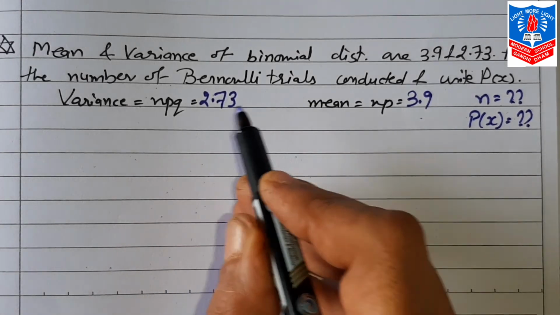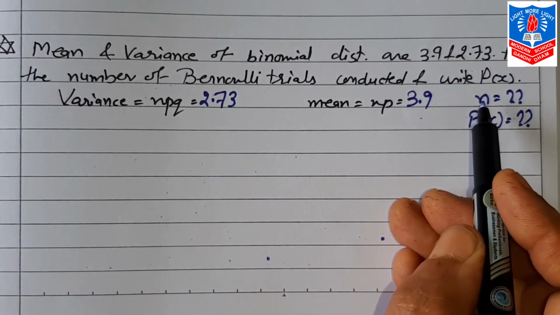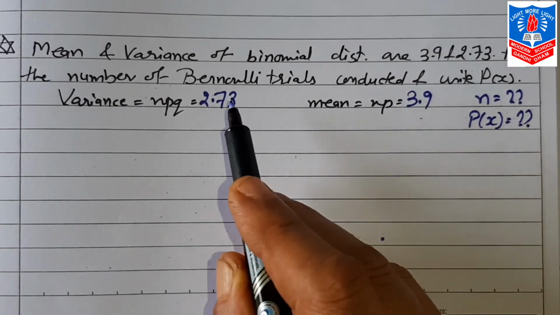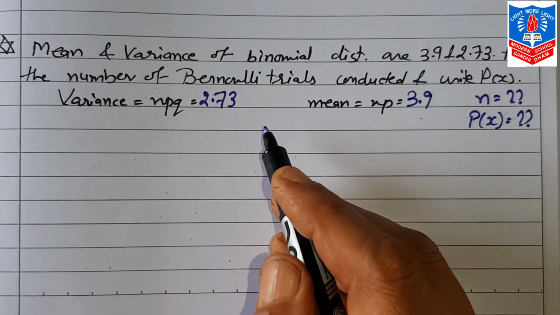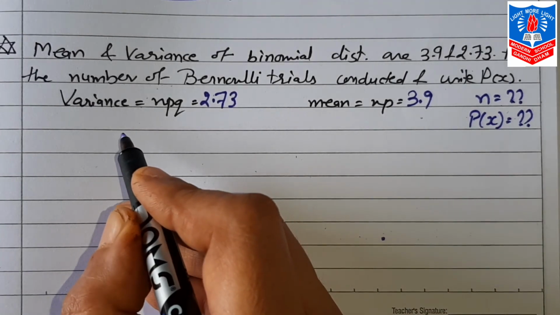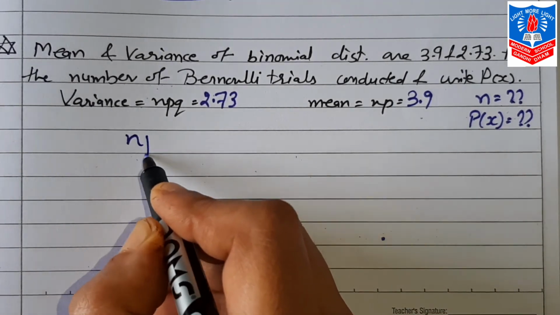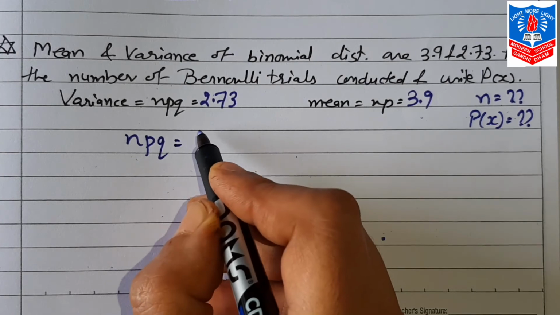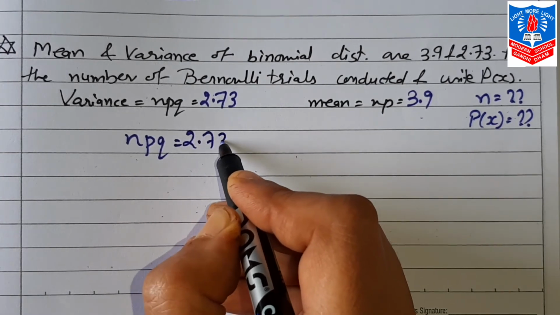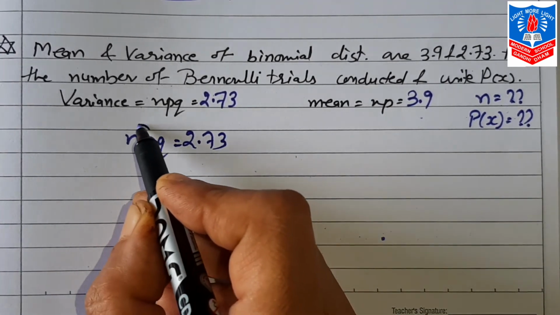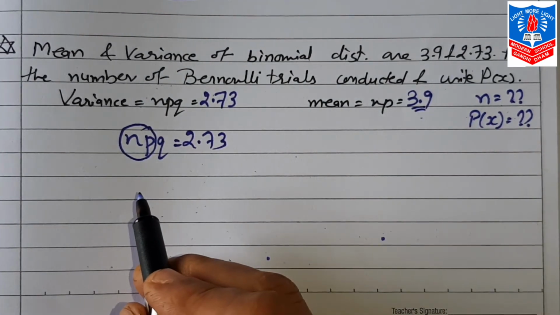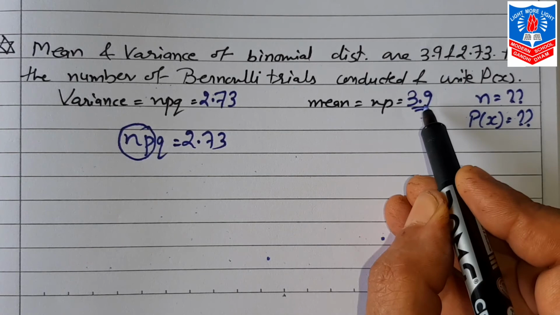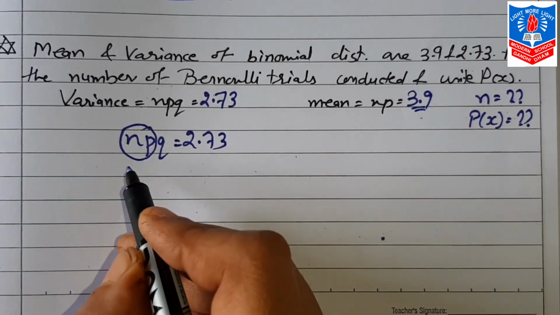Now we want the value of n, so we will find it, and p and q, these two values are missing. Now for that, if I write this way, because npq is given as 2.73, in place of this np, I can write this value 3.9, because np is 3.9.